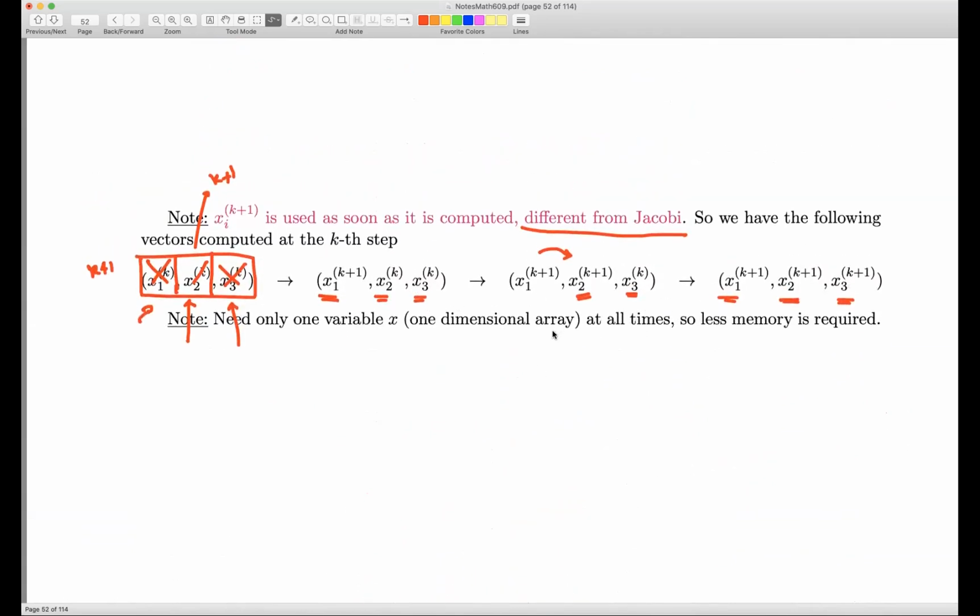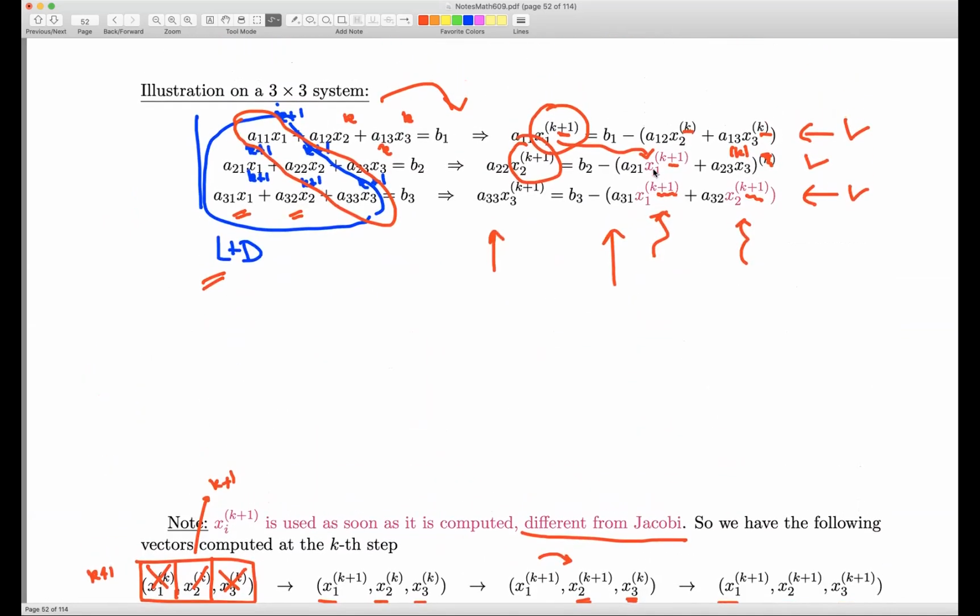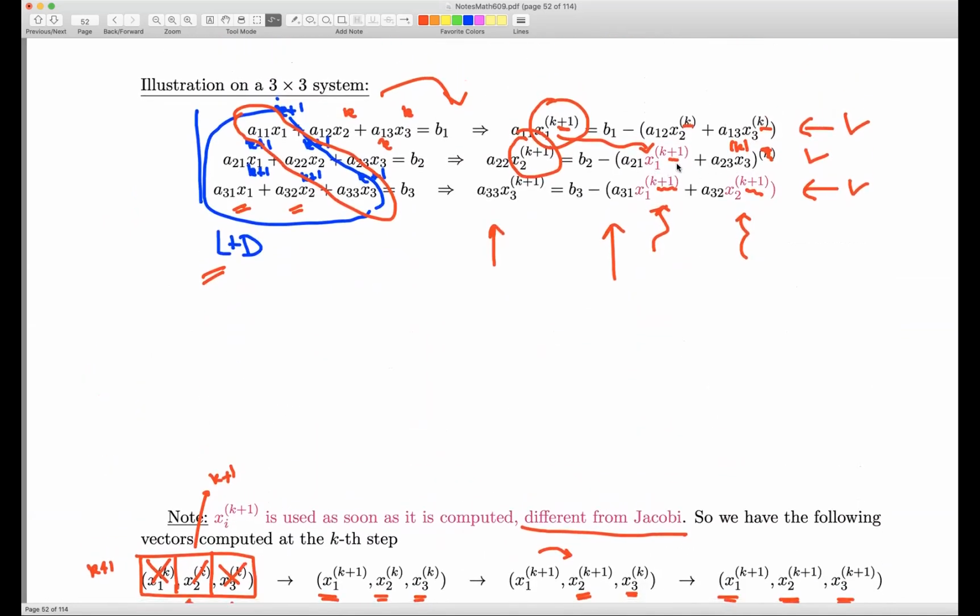Here we wrote it explicitly, and we see that on the right-hand side you are using the component as soon as you have computed it. The same thing here: you use the components x1 and x2 as soon as you have computed them.